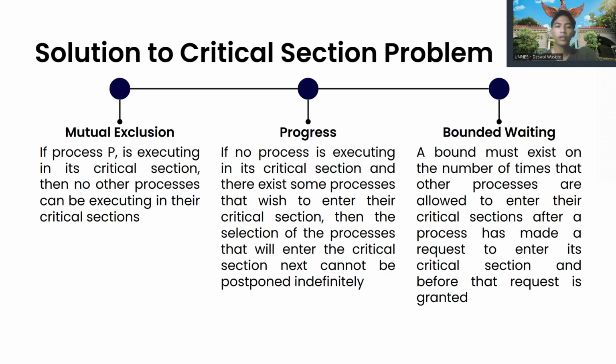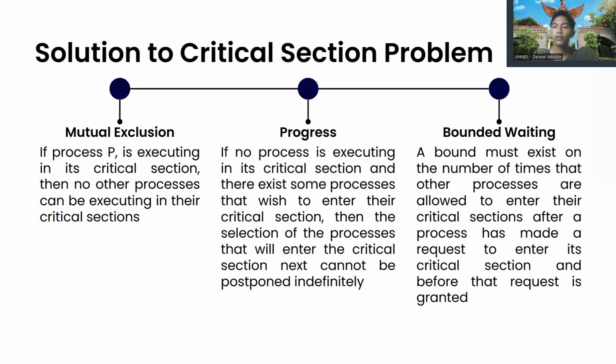And then the progress, if no process is executing in its critical section and there exist some processes that wish to enter their critical section, then the selection of the processes that will enter the critical section next cannot be postponed indefinitely.